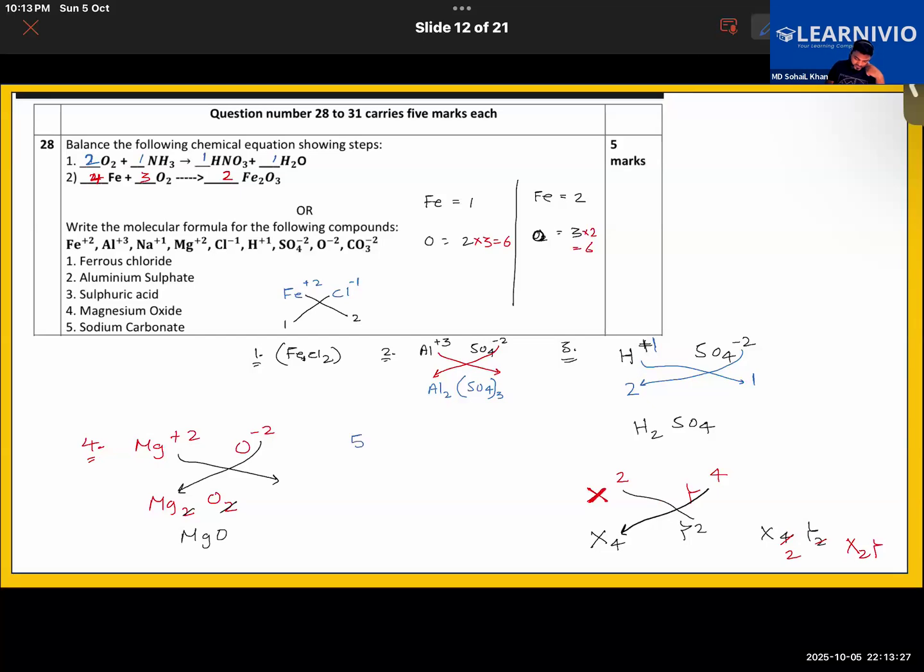Now, fifth question, you answer this one. Sodium carbonate. For sodium, first you will write Na plus. Carbonate is CO3 minus 2, and here you have only plus 1.